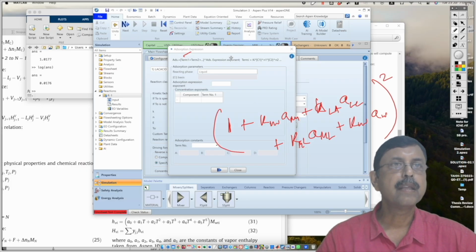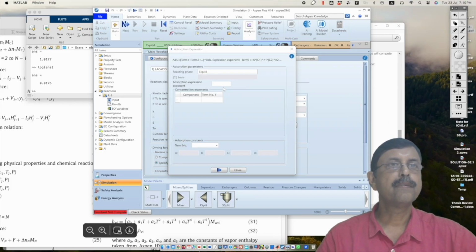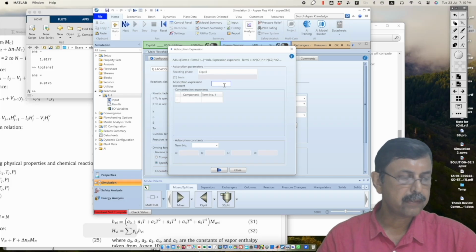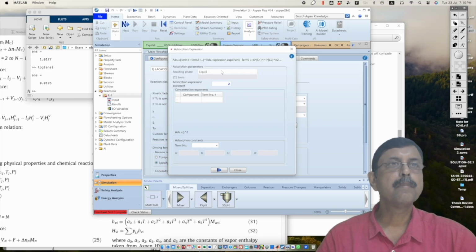So the adsorption expression exponent will be square over here, it is 2, and all other terms we have to write one by one. So first thing first, let us write it as 2 because it is a squared term.